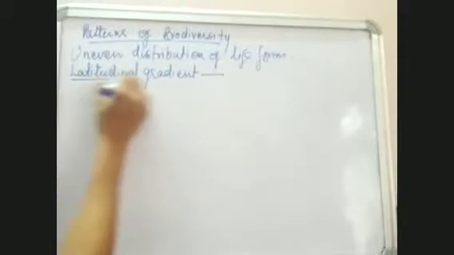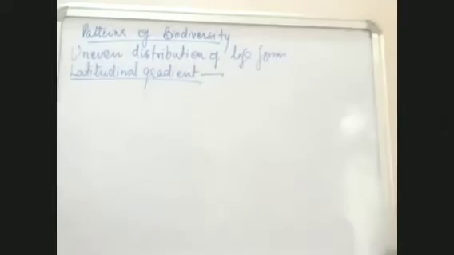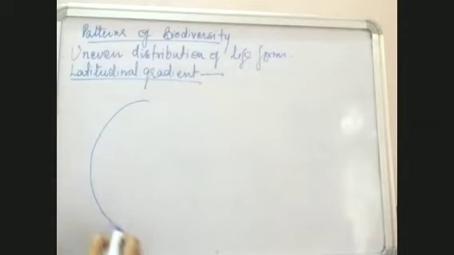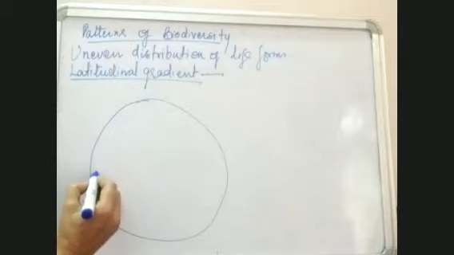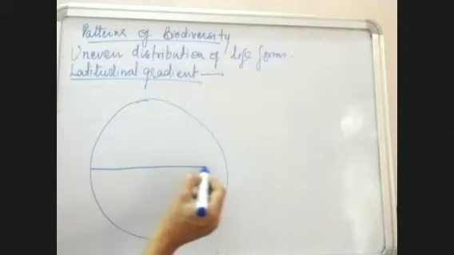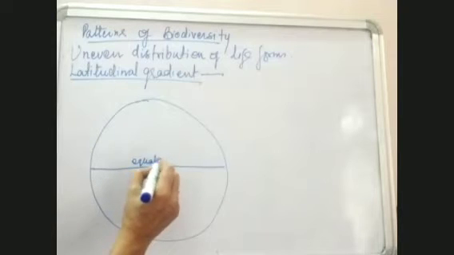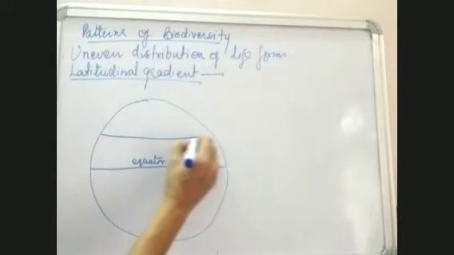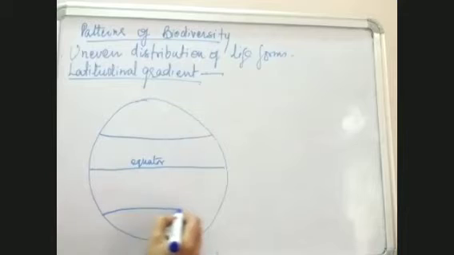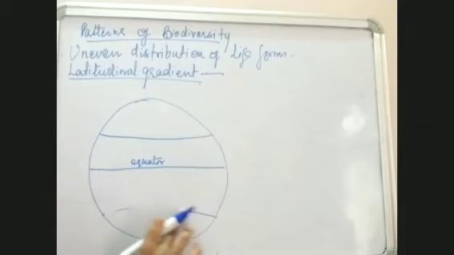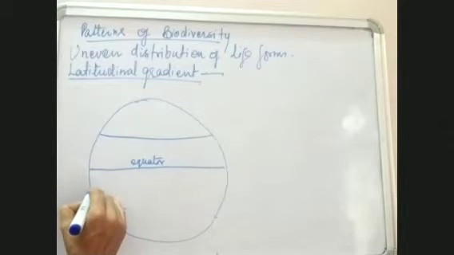Now, in this respect, if we see the globe, this is the equator. Then we have here the Tropic of Cancer and Tropic of Capricorn, not too far, very near to the equator.